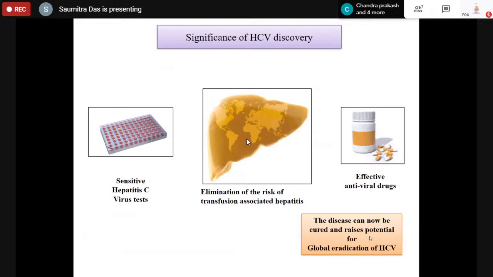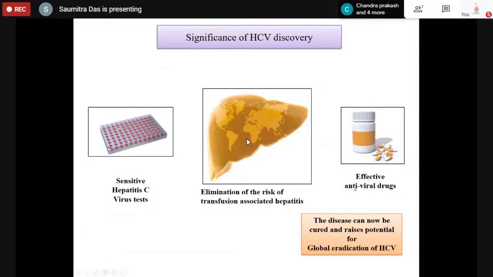So that is the contribution: starting from an observation, then identification, then cloning and establishing formally that this is the infectious agent. And now it has come to a stage where we can start thinking about the eradication of this viral hepatitis.